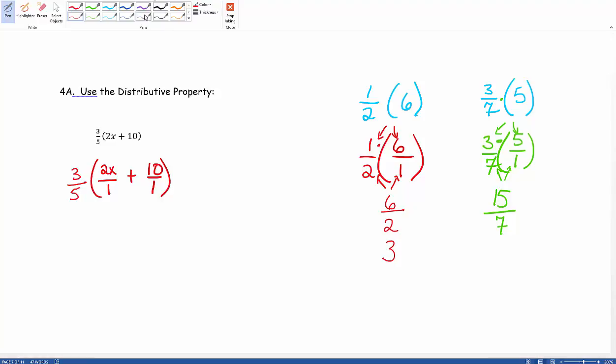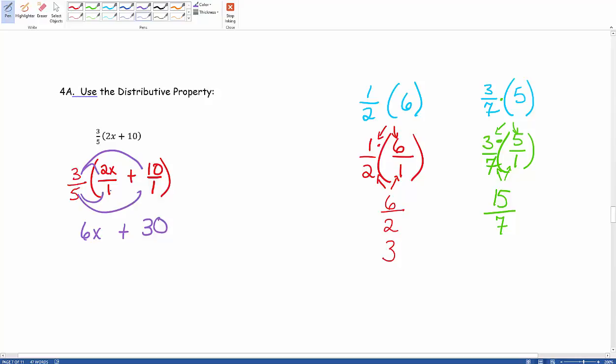Now we can use that to distribute, or do our multiplying, like we were seeing over here and over here. Distributing our items, we end up with 3 times 2x, which gives us 6x, and 3 times 10, which gives us 30. When we're distributing our tops, we're also multiplying our bottoms as well.